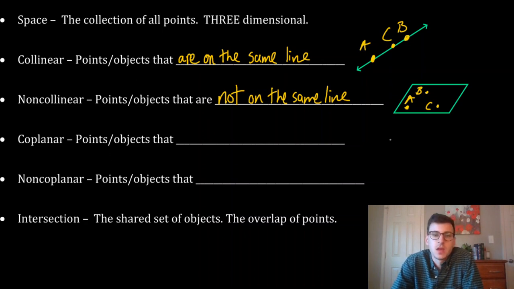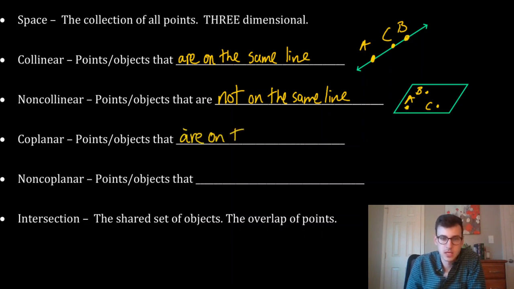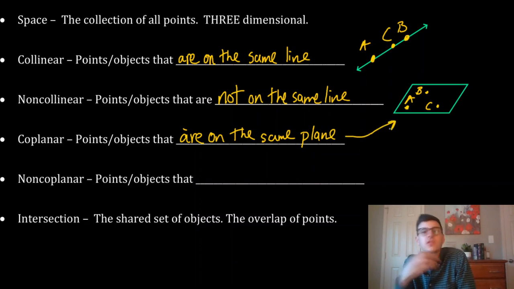Okay, objects that are coplanar are points or objects that are on the same plane. So for example, right there, those points are all on the same plane.